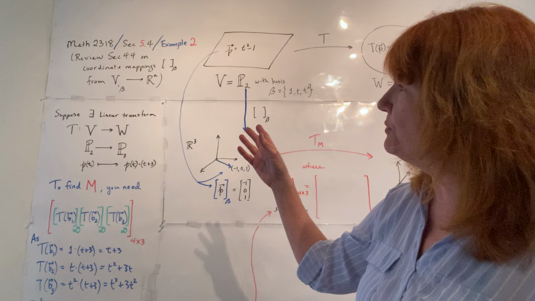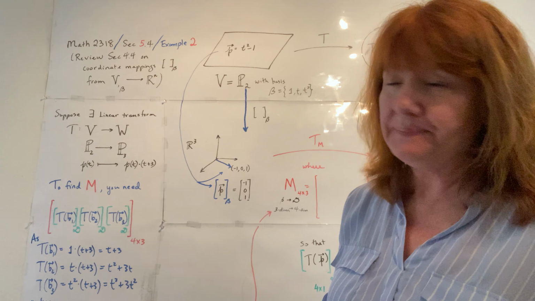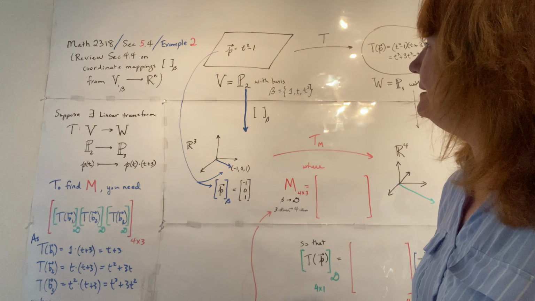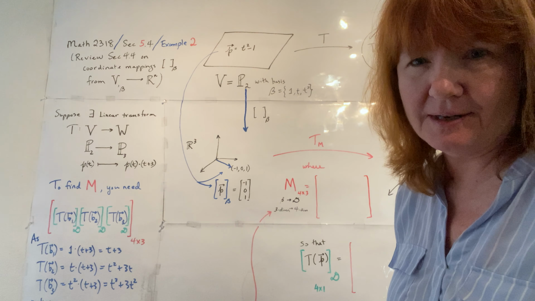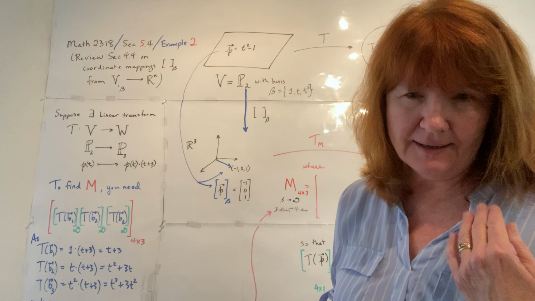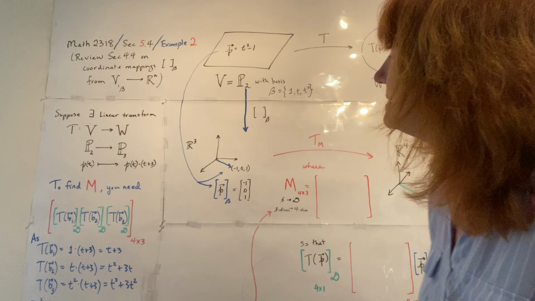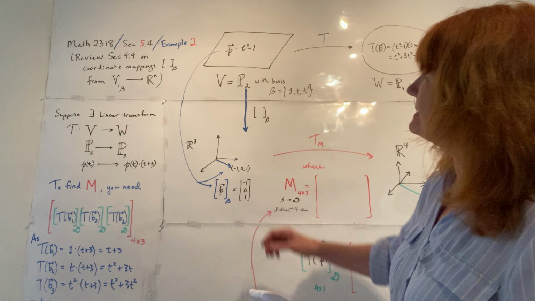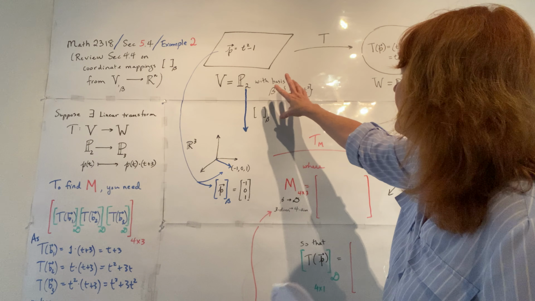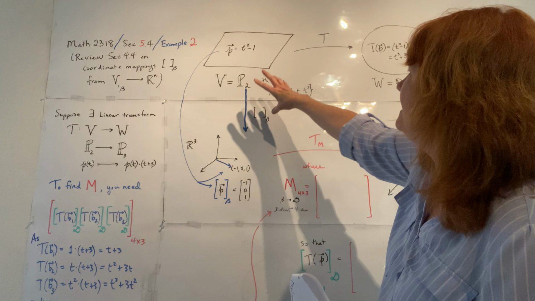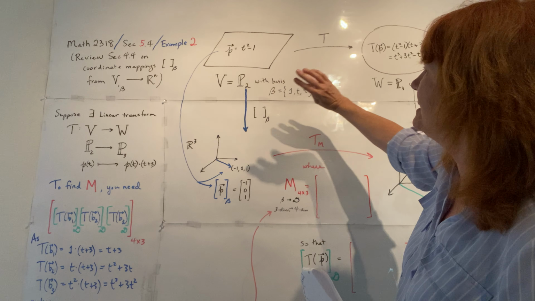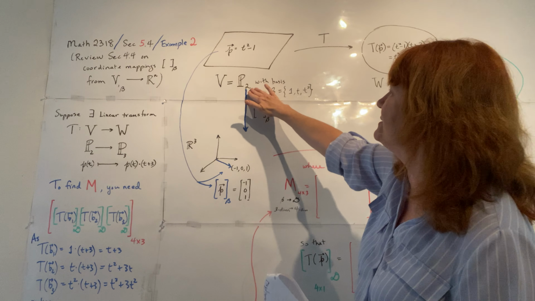We're in section 5.4, second example of using coordinate mappings to help analyze a linear transformation between two finite dimensional vector spaces. So in this example, we're going from V to W again, but this time V is P2.